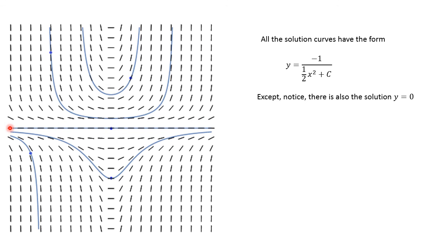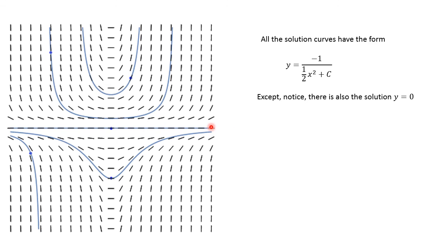That's what I'm trying to explain in a couple of different ways. One is that you could say that if you let c equal infinity, and I'm putting that in giant quotation marks because that's not really allowed, but if you let c equal infinity, then you can think of it as meaning that you have y equals 0. And so it's kind of like c equals infinity gives you this curve here.